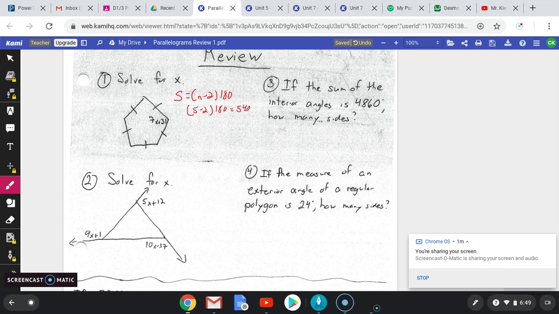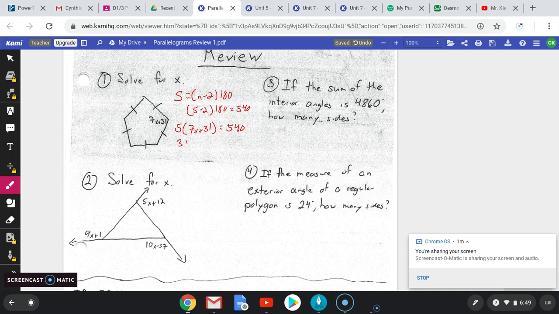So we would add up all the interior angles and set it equal to 540. Now remember, what do the little tick marks mean? The little tick marks mean that all the angles are the same. So 7x plus 31 occurs 5 times. I could add it up 5 times, or easier yet, multiply it by 5, and set it equal to 540.